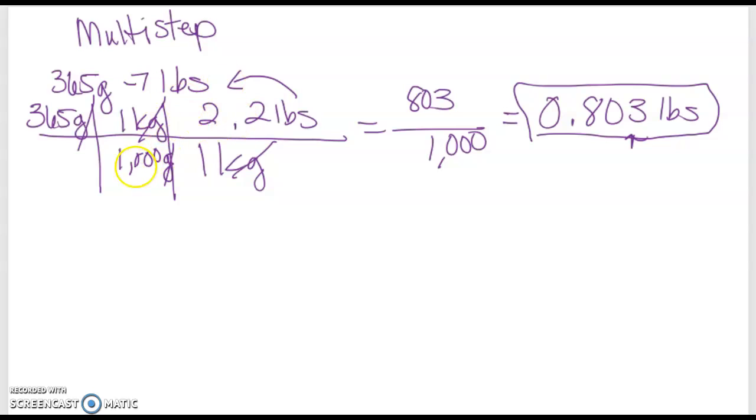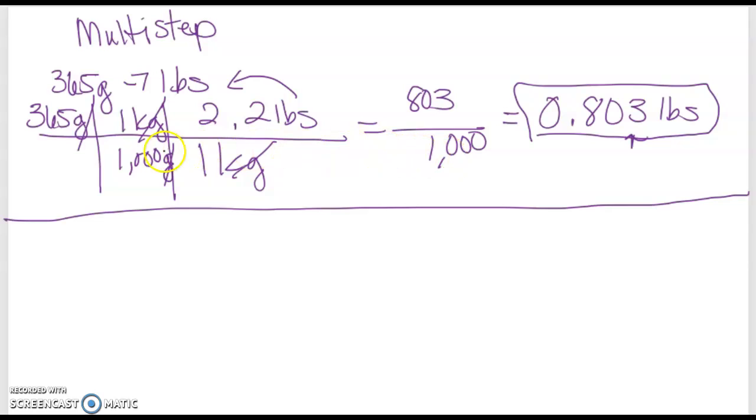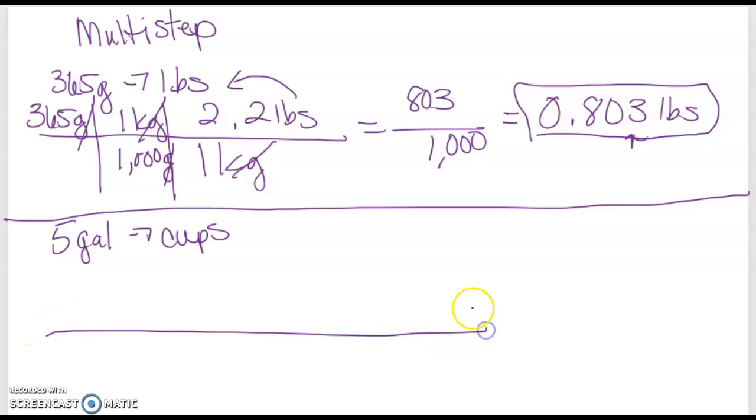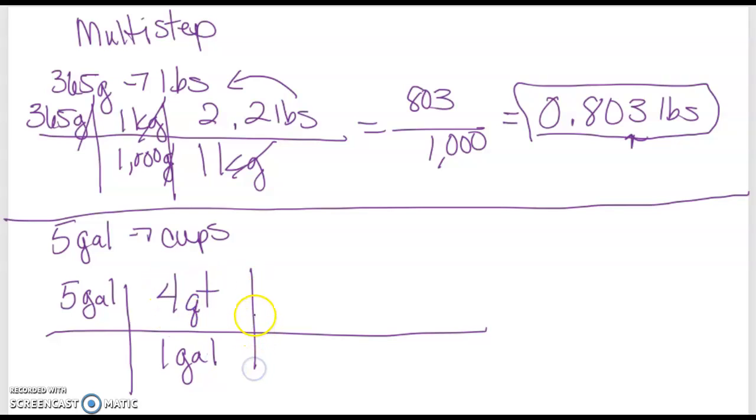All right. Let's do another problem. Let's do 5 gallons to cups. Okay? So, 5 gallons, for every 1 gallon, you get 4 quarts according to your conversion chart.